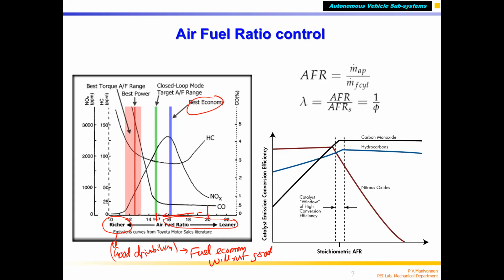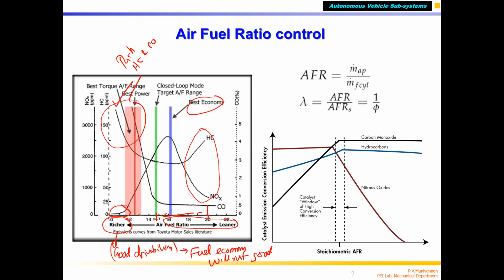Apart from that, if you run rich or lean, you can see there are some gases. If you run rich, you can see that HC and CO are high. Rich mixture means HC and CO are high. The NOx is very less. In rich mixture, the engine doesn't produce NOx, nitric oxides.